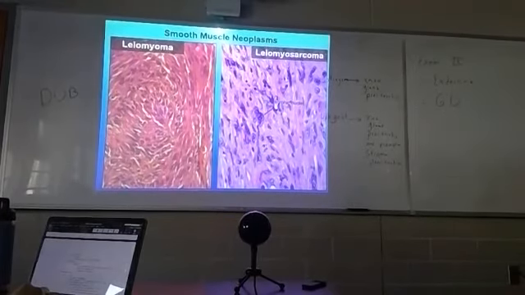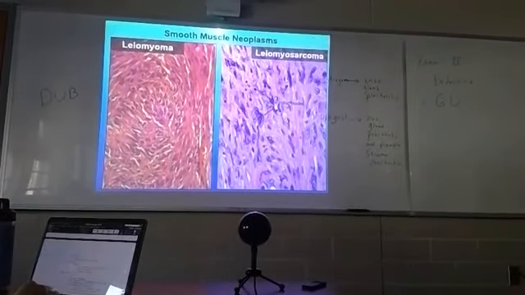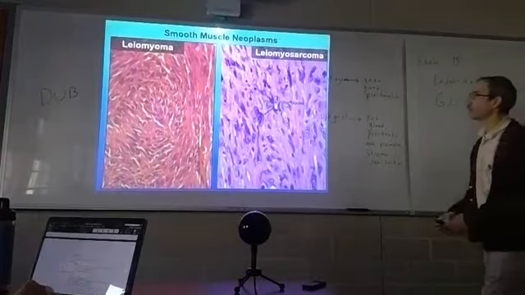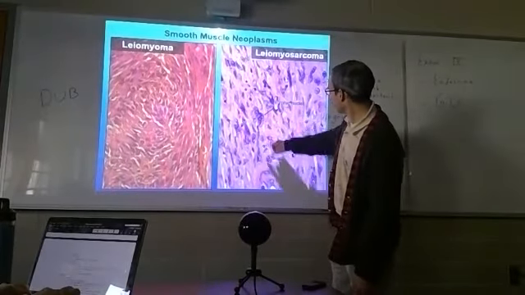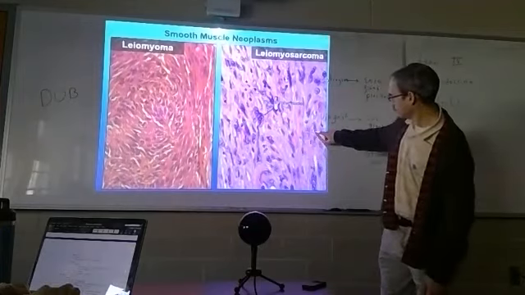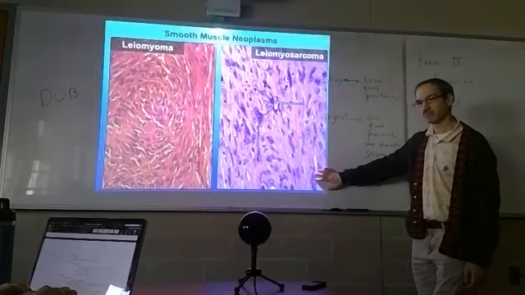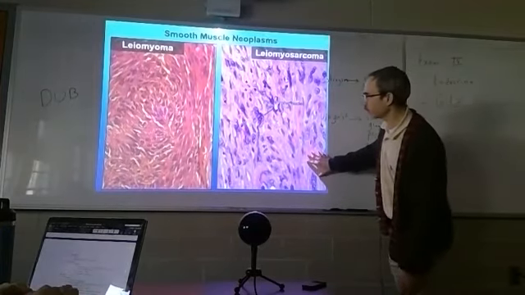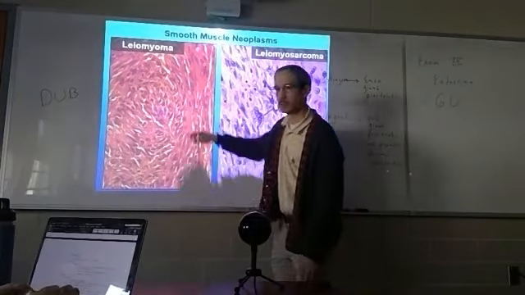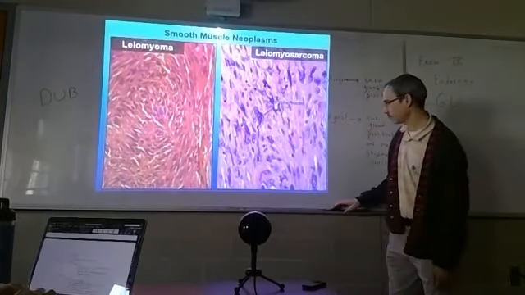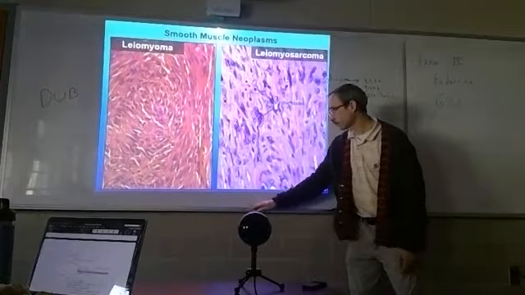And you said the leiomyosarcomas are usually not well differentiated. Yeah, the leiomyosarcomas, see that cell right there? And that cell right there, and that cell, they look like smooth muscle cells. Not really. That's poor differentiation. Look at these cells. Most of them look like smooth muscle cells. More like smooth muscle cells.